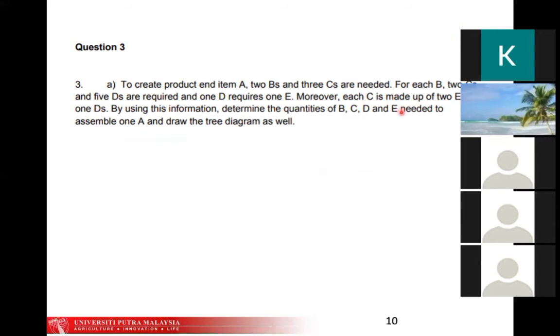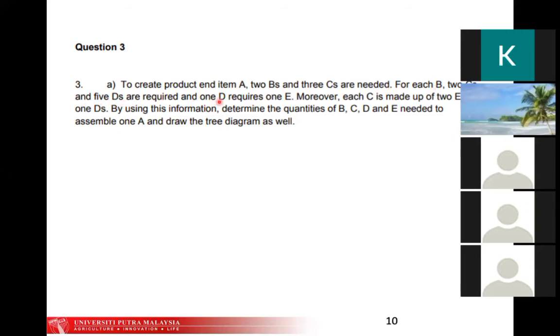Hello everyone, my name is Siti Shaira binti Suhaimi. I will be explaining the first part of question 3, which is part A. For part A, the question is a description-based product. For type A, 2 Bs and 3 Cs are needed. For each B, 2 Cs and 5 Ds are needed.